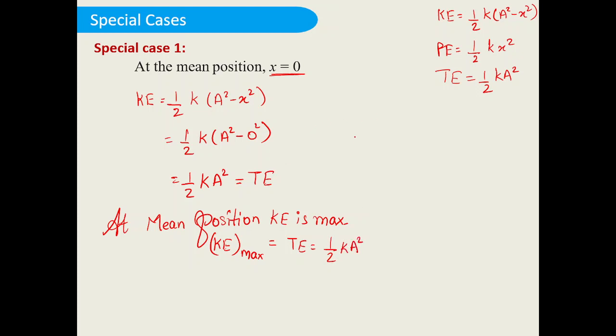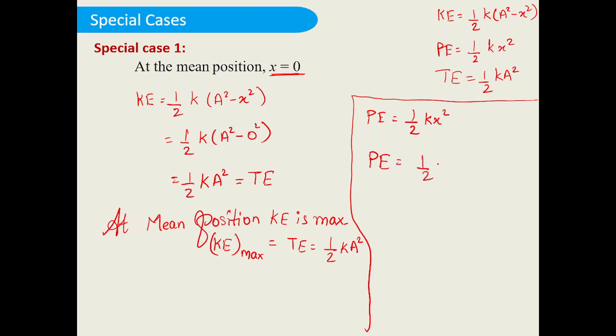We'll also talk about potential energy. Potential energy is given by half k x square. If you substitute x equal to 0, because we are learning about the mean position, potential energy is equal to half k into 0 square, so potential energy will be 0.